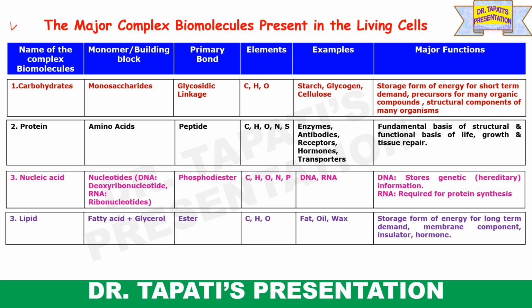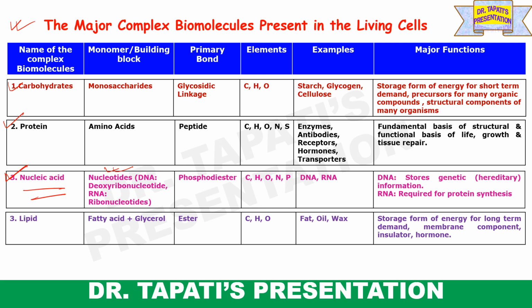Already you know about this table, the major complex biomolecules present in living cells. Already I have discussed carbohydrates and proteins in my previous two videos. In this video we have discussed nucleic acids. Nucleic acids are composed of nucleotides. In case of DNA, it is deoxyribonucleotides, and in case of RNA, those are known as ribonucleotides.